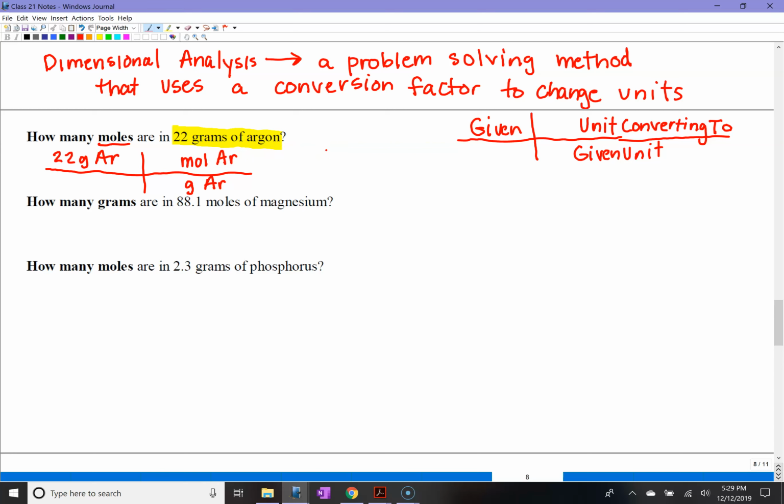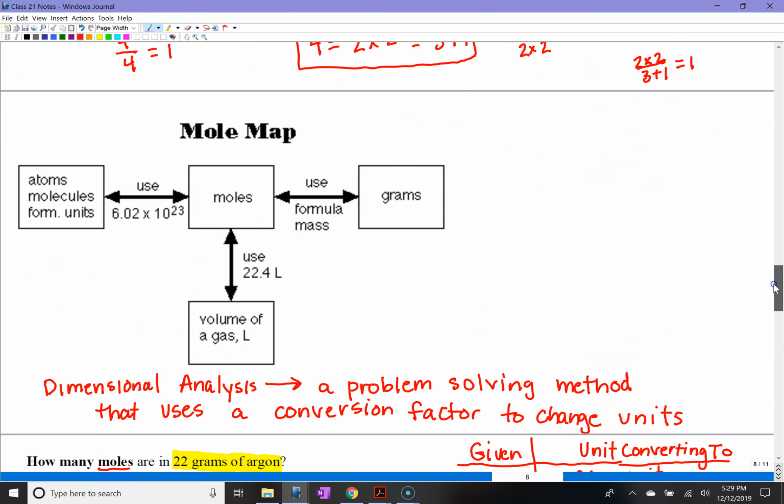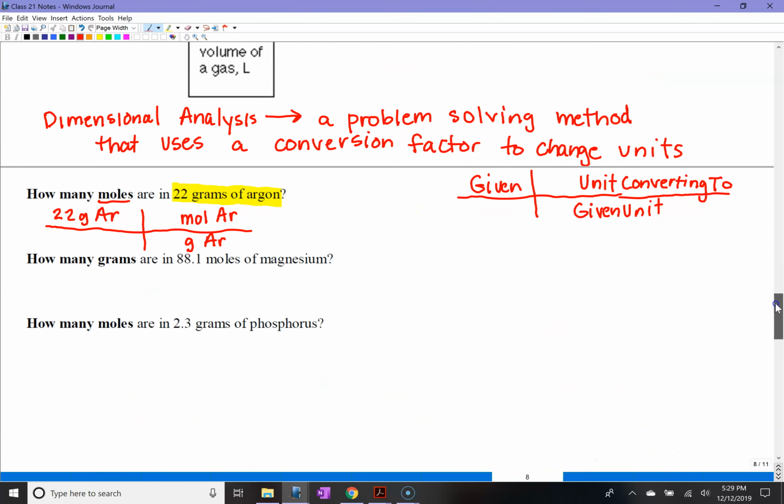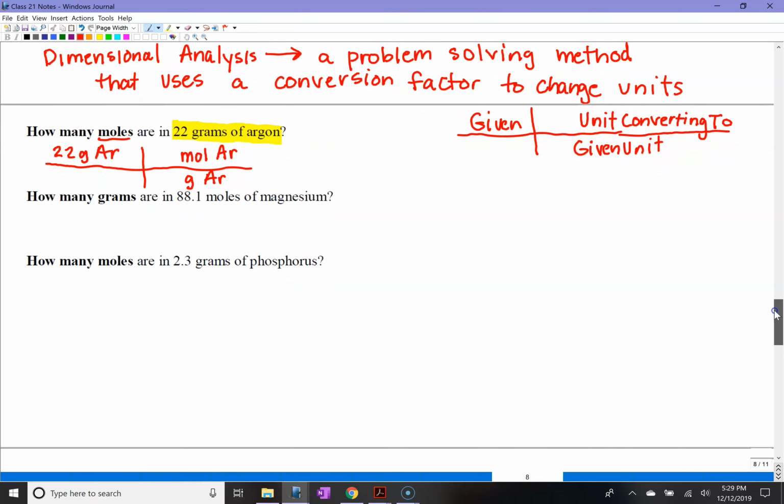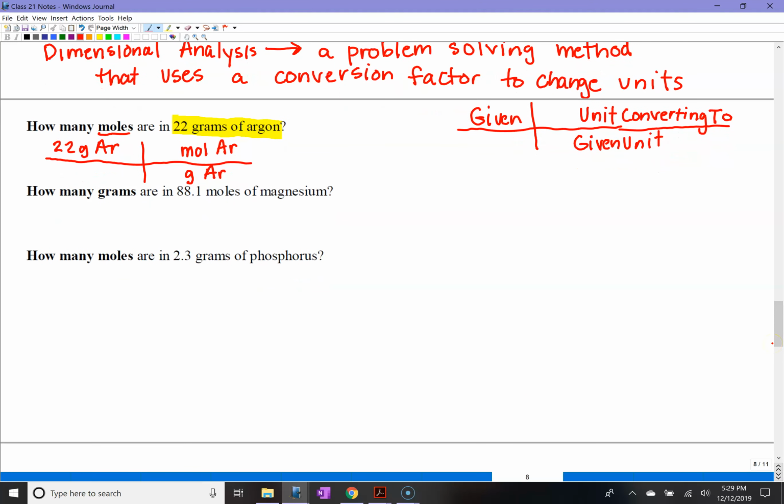Now, I can go back to the definition of a mole, and I can use this little mole map. I'm going from moles to grams, so I'm going to use the formula mass. If I look on the periodic table, I'm going to see that 1 mole of argon has a mass of 39.9 grams of argon.